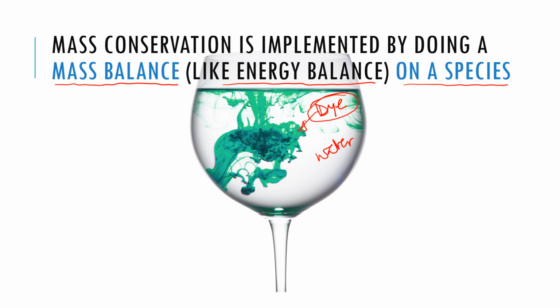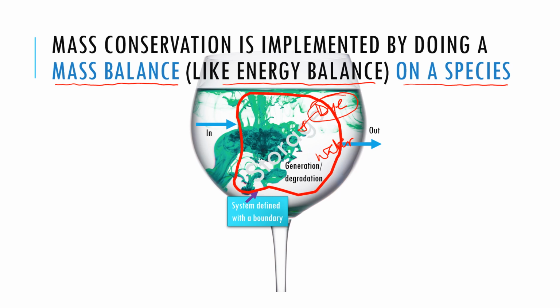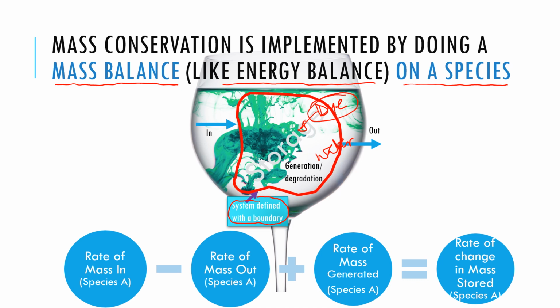To do that, we have to define a system boundary. And so here is the system boundary, the red line here. Once we have defined the boundary, we can say that the rate at which mass is entering the boundary, minus the rate at which mass is leaving the boundary, plus any generation of mass, should be equal to the rate of change in the mass stored.